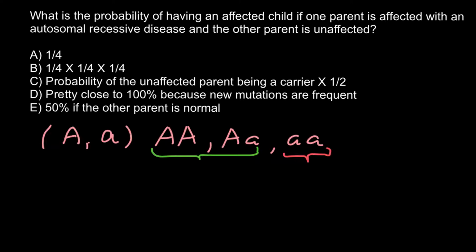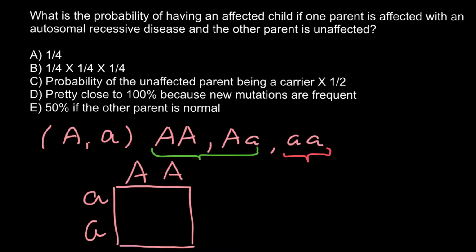These 2 genotypes would produce normal phenotype, and this genotype would produce affected phenotype. So if we know that one parent is homozygous recessive and mates with another parent with homozygous dominant genotype, 100% of the progeny would be heterozygous, and that means the phenotype would be normal.